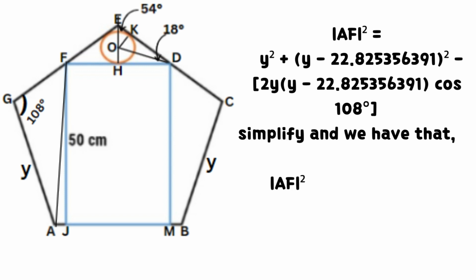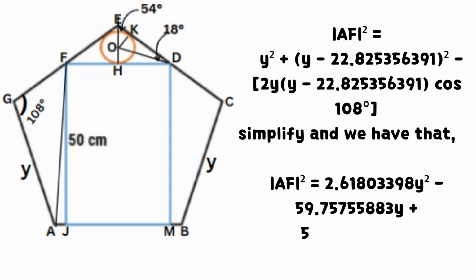After substituting the values obtained and simplifying, we have a new equation for the square of line AF, which we call equation 4.